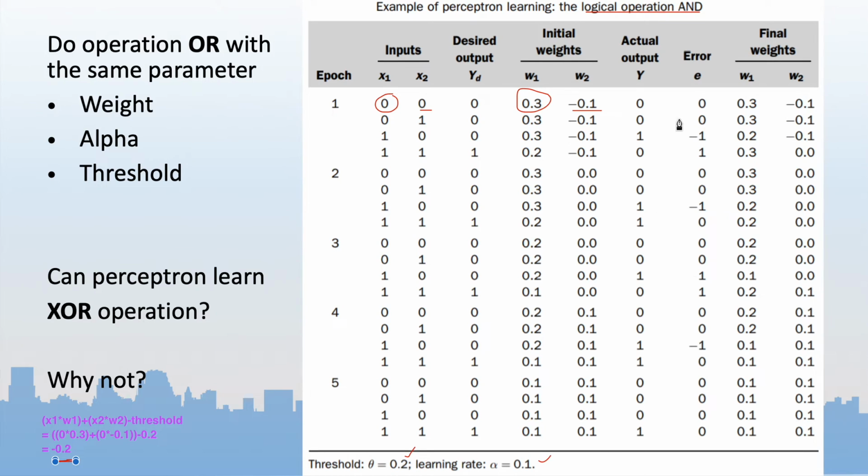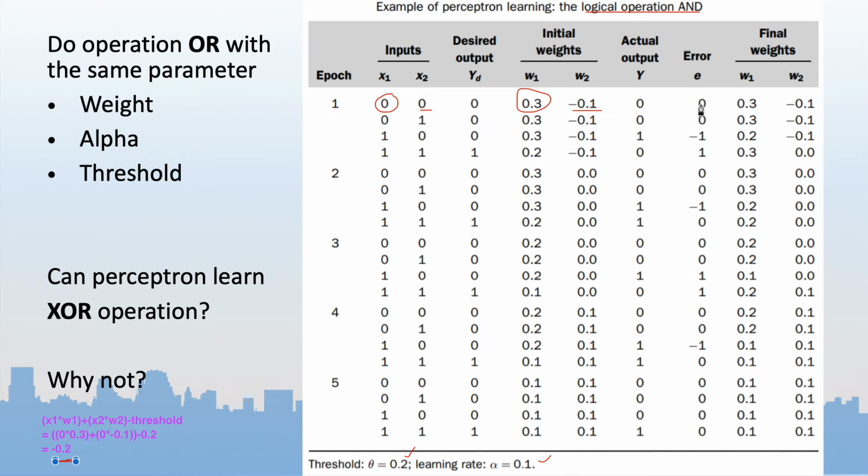This negative 0.2 will then be a parameter for the binary step function.